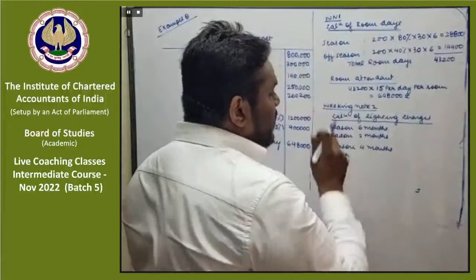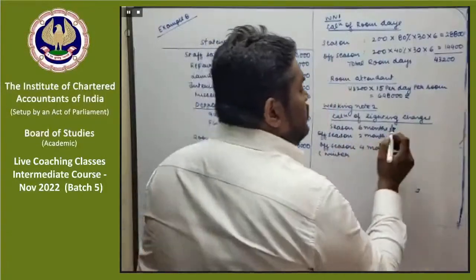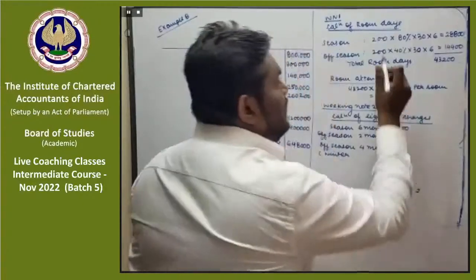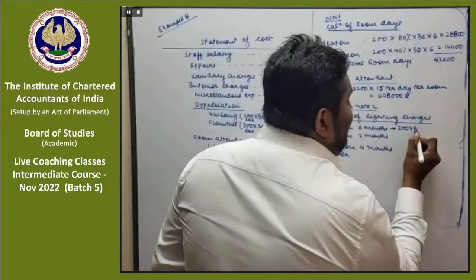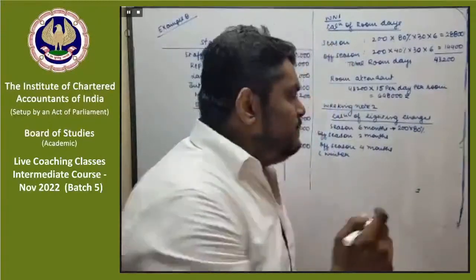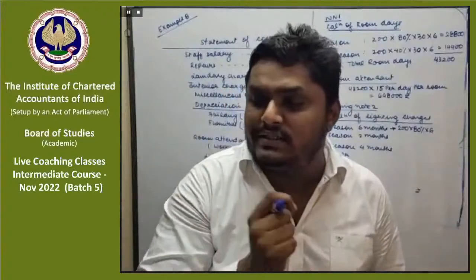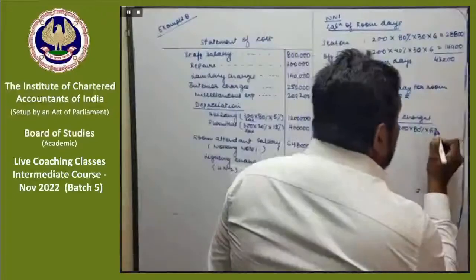So when talking about the season 6 months period, the total rooms are 200 and the occupancy is 80%. And there are 6 months, and further this is not the daily cost, it's the monthly cost, so into 110.